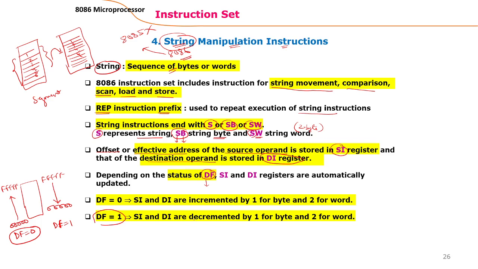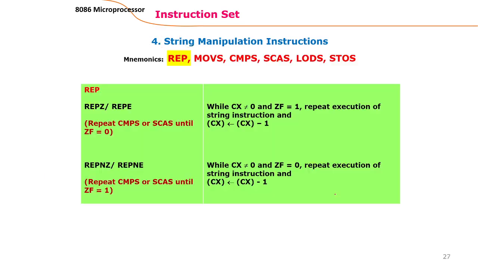So the source index and destination index values will be decremented by 1 if it is a byte related operation, or decremented by 2 if a word related operation is there. Similarly, in case of DF equals 0, these two will be incremented by 1 if a byte related operation is there, or incremented by 2 if word related operations are there.